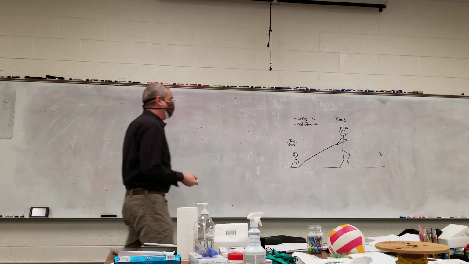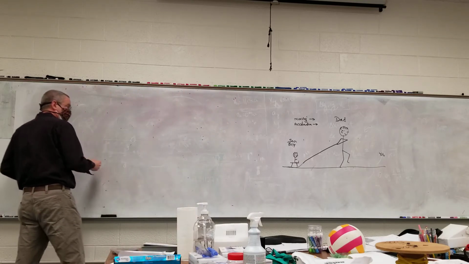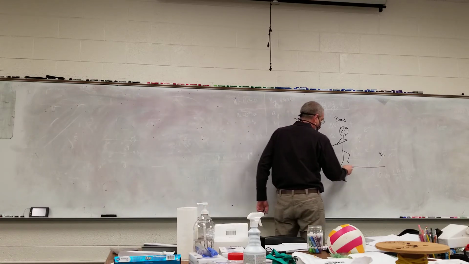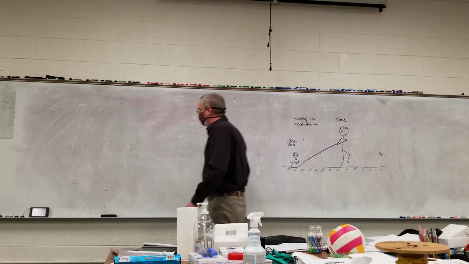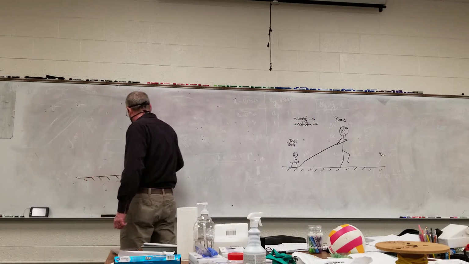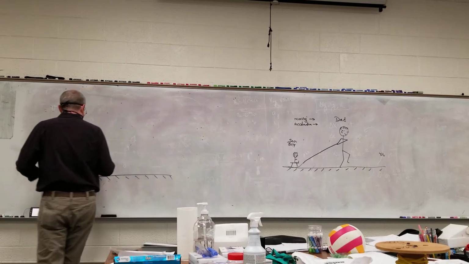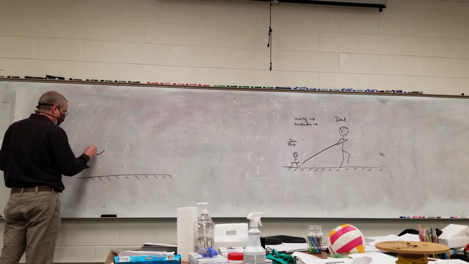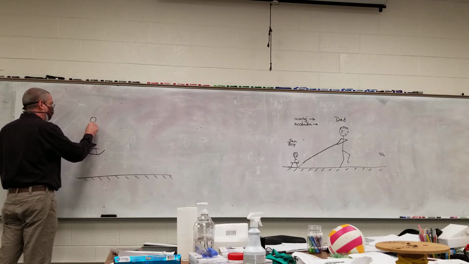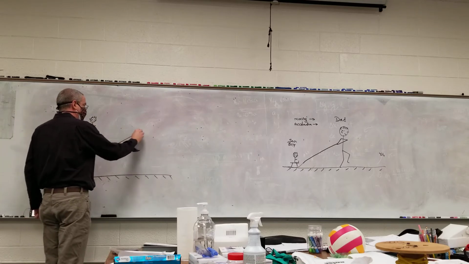All right, so I've got ground, and let's put the hash marks in there just to emphasize this is some fixed surface. I have sled. I have son. I have rope.